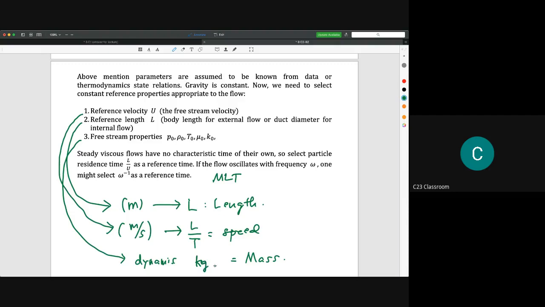So that's why most of the free stream properties are the density or the pressure. Normally in fluids they will use density as the main property instead of dynamic viscosity. Here we have mu. Normally they will take density as the major property for the dynamic parameter.